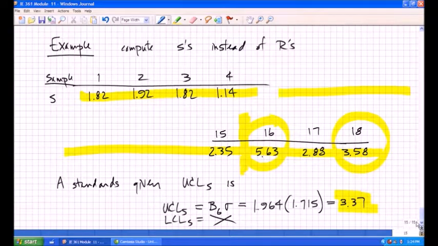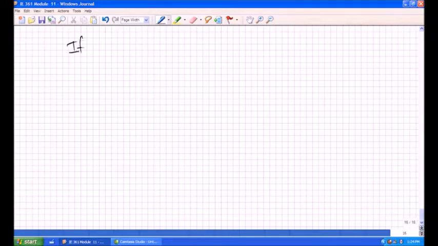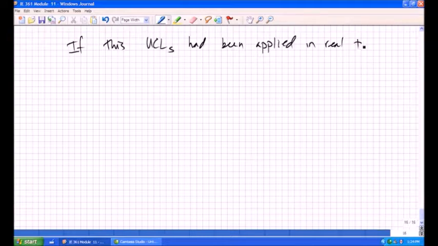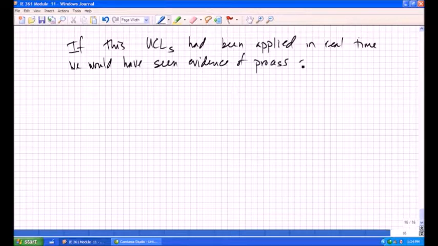And so if this upper control limit for S had been applied in real time, we would have seen evidence of process change at sample 16 and then again at sample 18.